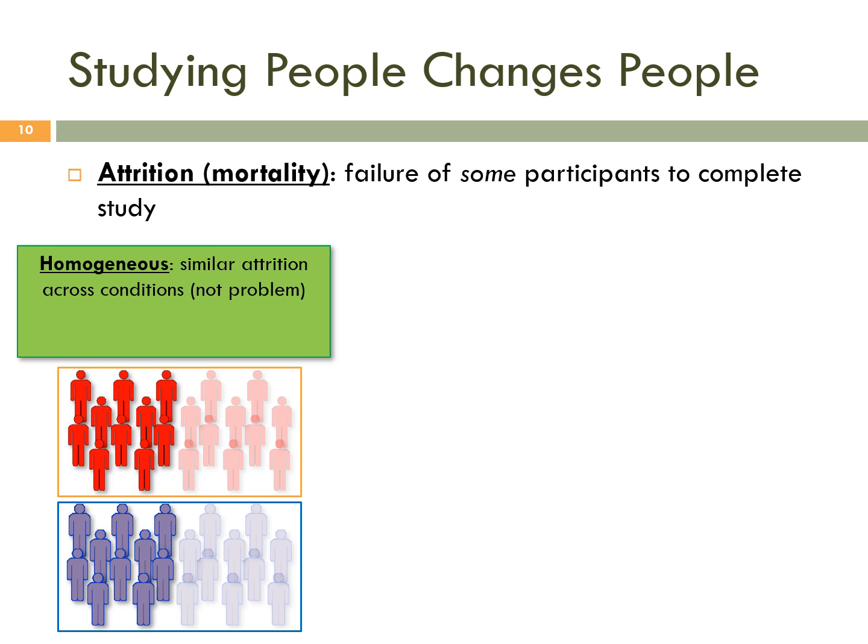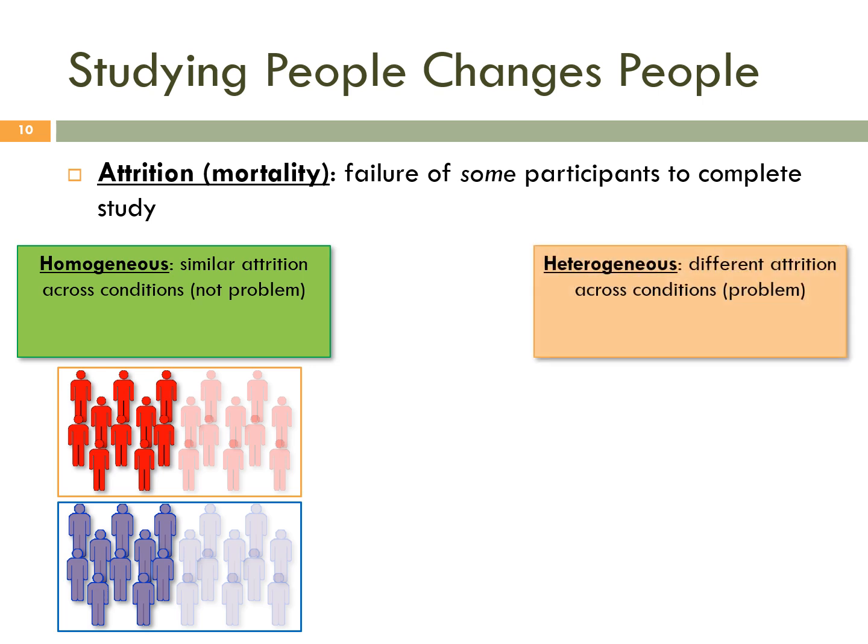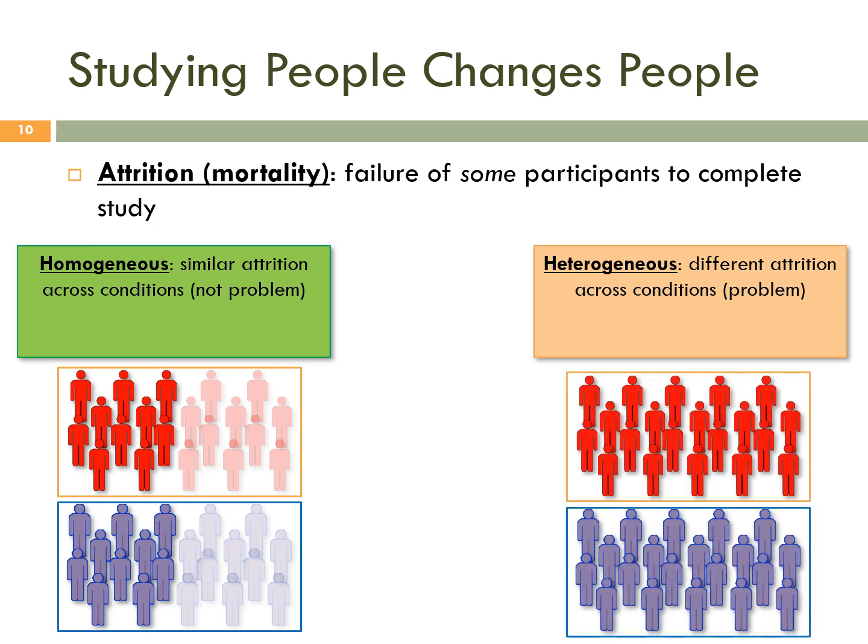So in this case, 50% of participants are falling out of both conditions. The other alternative is what's known as heterogeneous, which is where we have different attrition across the conditions. Again, we have the same hypothetical sample population of a condition for red and a condition for blue, and we'll see that a different proportion are falling out.